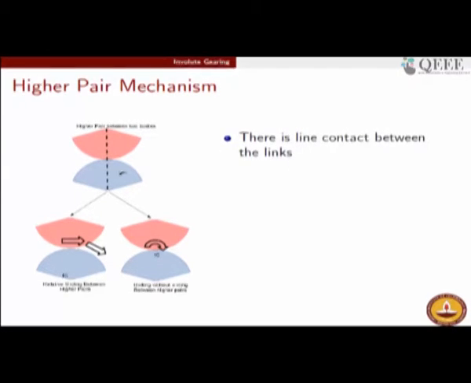In the schematic illustration, there is a blue body and a red body, and there is just a point contact in the front view. If you consider these bodies to be 3 dimensional, essentially there is a line contact. What has not been shown is the side view, where you can take it to be a line contact. In general, for 3 dimensional bodies of this sort, you will see a line contact.